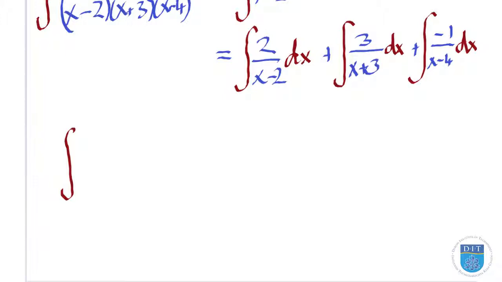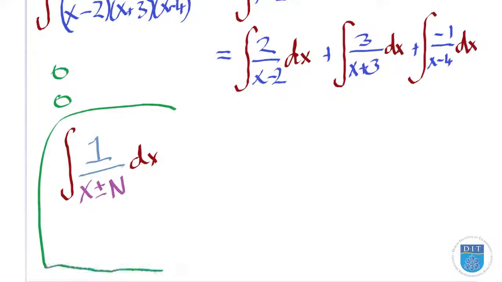Because we argued about them in class, and we said the integral of 1 over x plus or minus any number dx is the ln. Now this is a thought: the integral of 1 over x plus or minus a number in the bottom. If you use a bit of substitution, it would be a v in the bottom, and the integral of 1 over v is ln of v, but you would have ended up with this anyway.